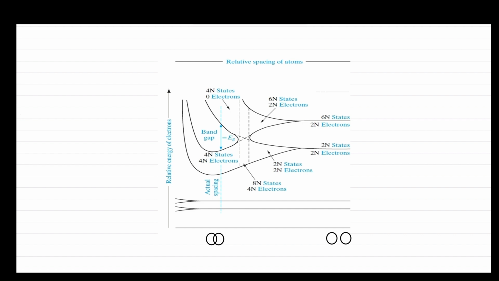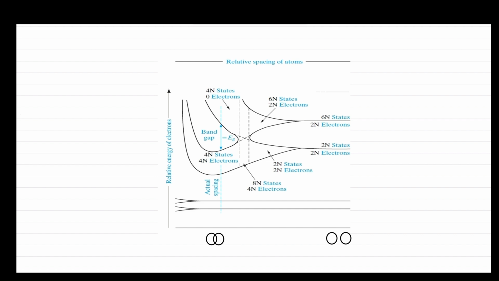Hence, the 2n degenerate s states must spread out in energy. The separation between levels is small. But since n is very large, the total spread between the minimum and maximum energy may be several electron volts if the interatomic distance is decreased sufficiently.